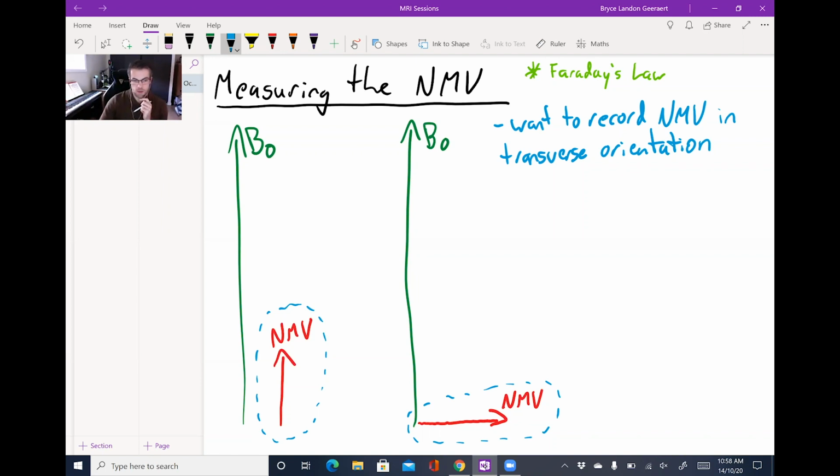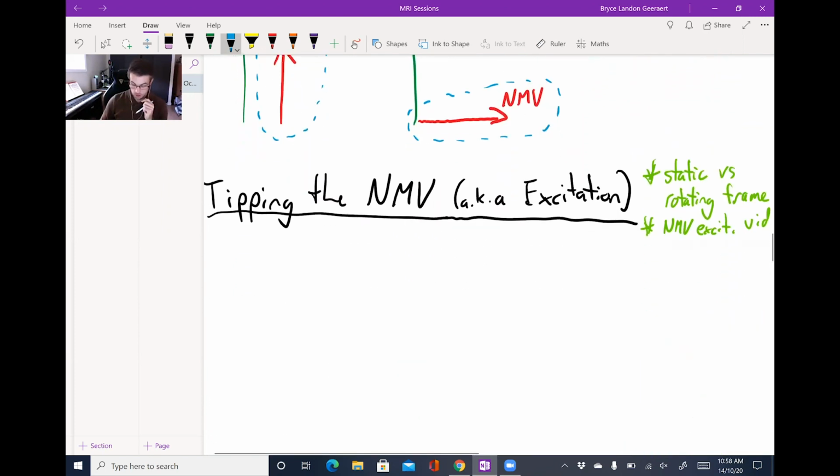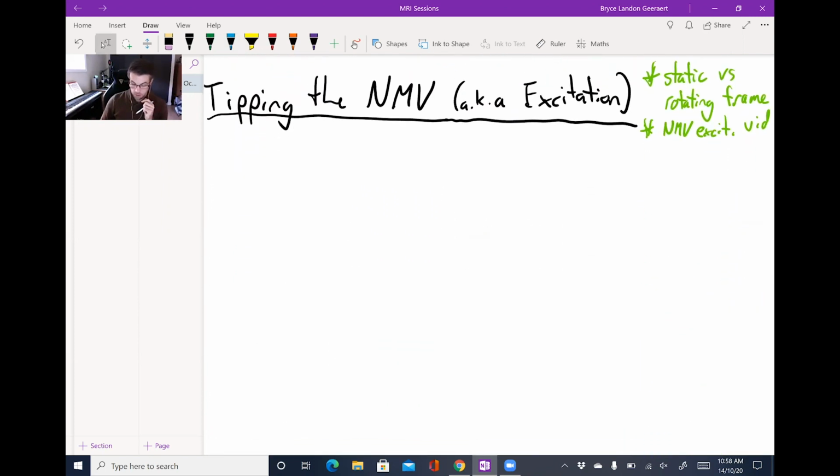I think I'm going to move forward to the next slide, and we'll grab some stuff here, and then we'll take a break. Okay, so the last concept we're going to talk about is tipping the net magnetization vector. So we're just going to not bother drawing the B0 field for now, because it doesn't really matter to us. We're going to be ignoring it as much as possible.